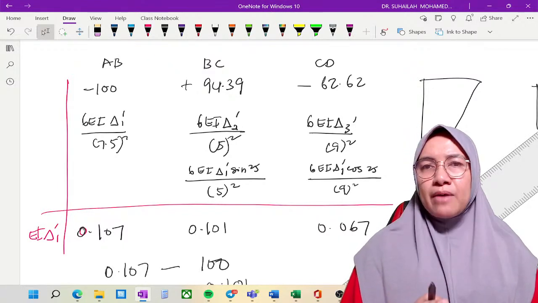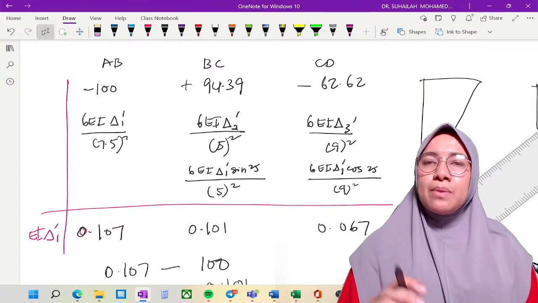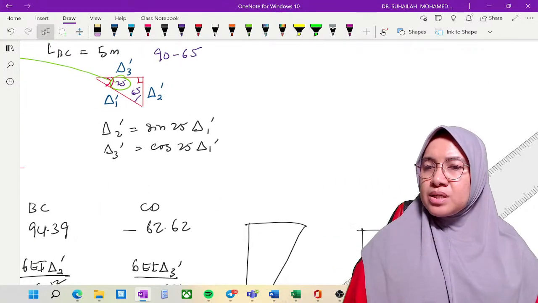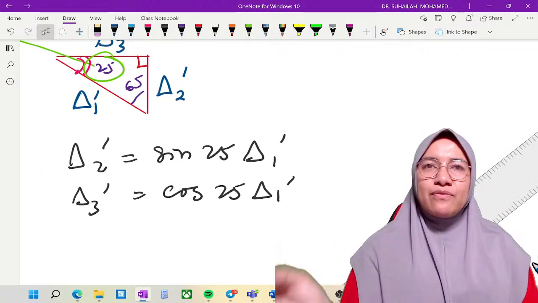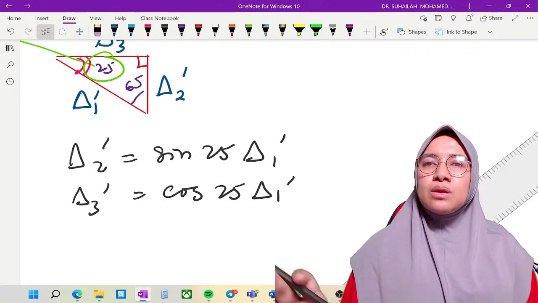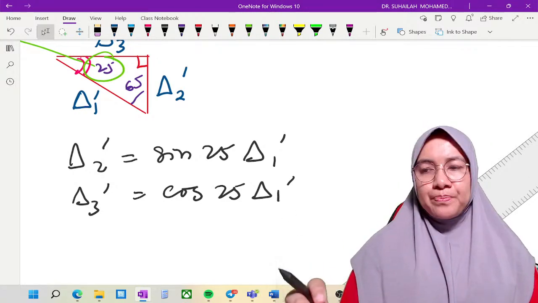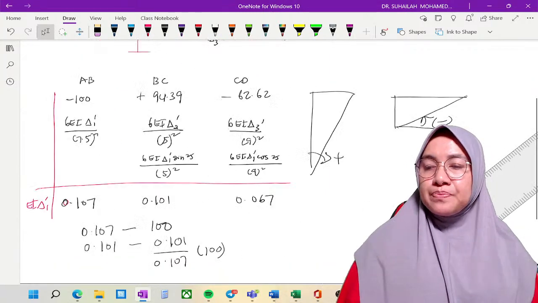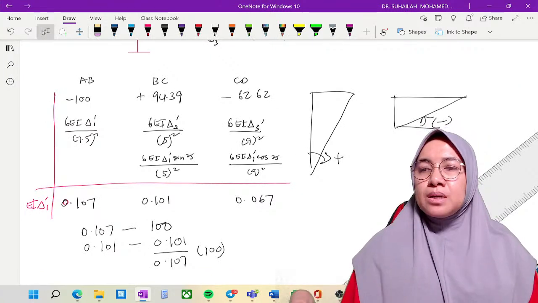So that is why we have to find the ratio, the relationship, and substitute it into the formula so that we get everything in EI delta 1 prime, and then do simple calculation.